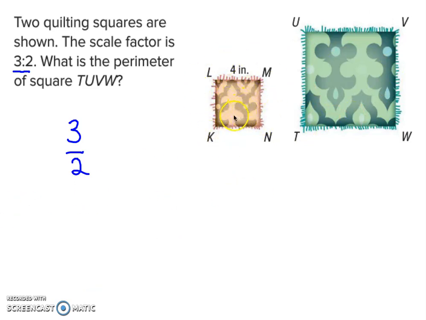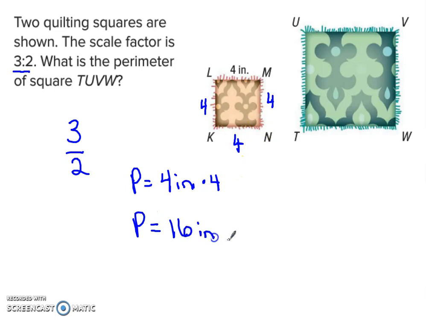It does not give us what the perimeter is, but this is a square, so we know that these are all 4. So the perimeter is going to be 4 inches multiplied by the 4 sides, or you could do 4 plus 4 plus 4 plus 4. So the perimeter is going to be 16 inches.